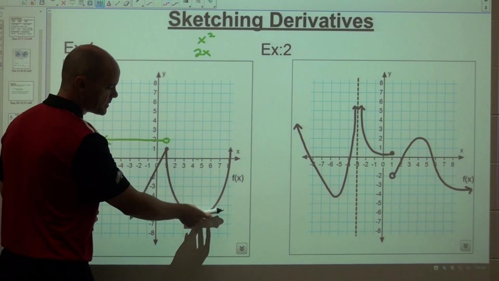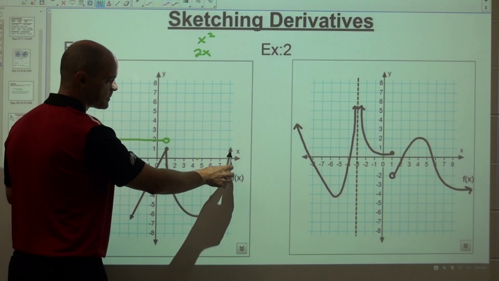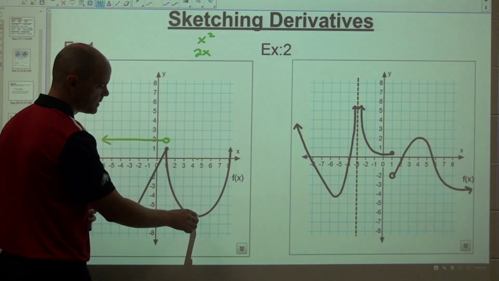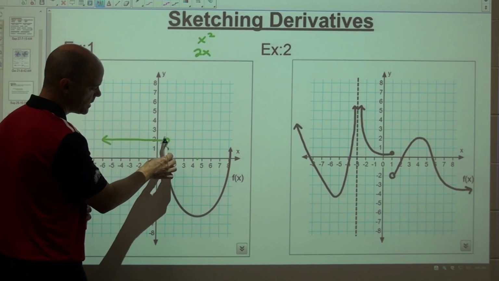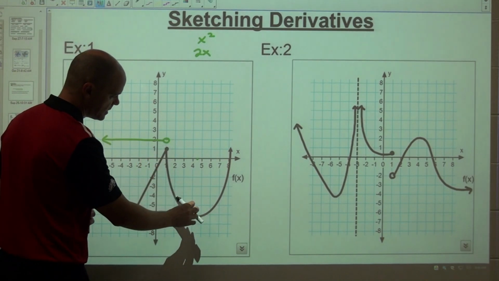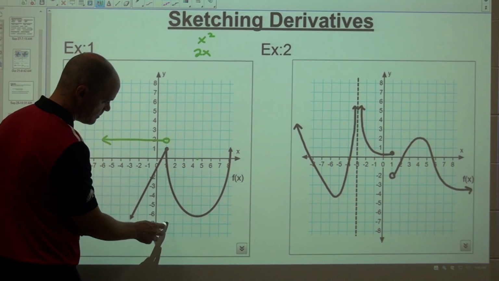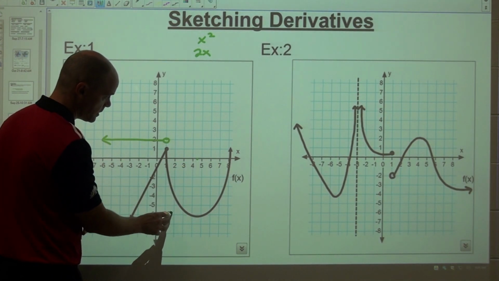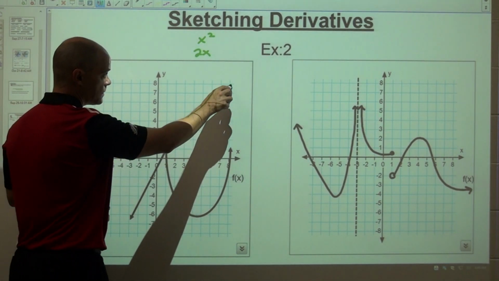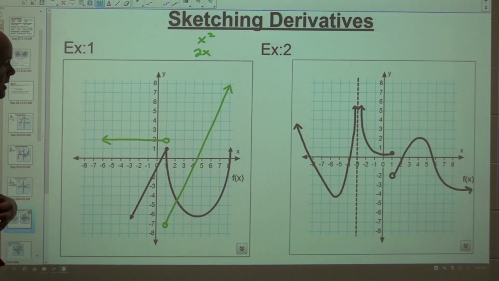Everything after that is getting steeper, steeper, steeper, more positive. Everything before that is super negative, and then it's less and less negative. So I'm going to draw a line somewhere like so, and go right through that point. There is my derivative. Ain't she pretty?